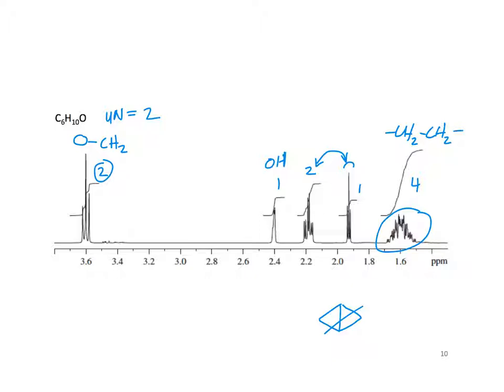So how else can we add up to two unsaturations? Either double bonds or a triple bond. Here we have one proton with a very small coupling going to a CH2 with a very small coupling. This is an alkyne. This is called a propargylic coupling, and it's usually 2 to 3 hertz.